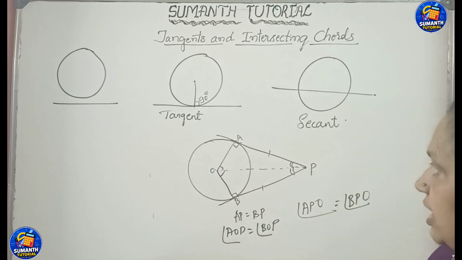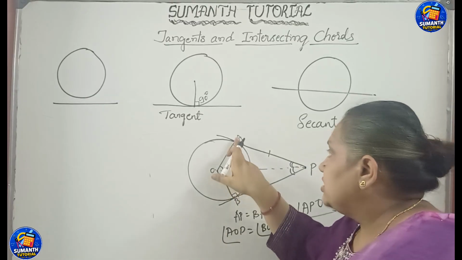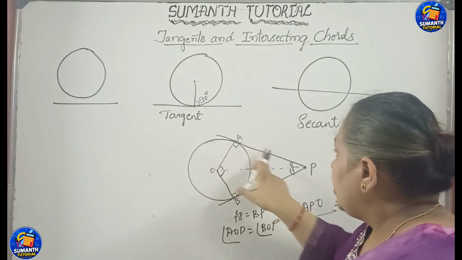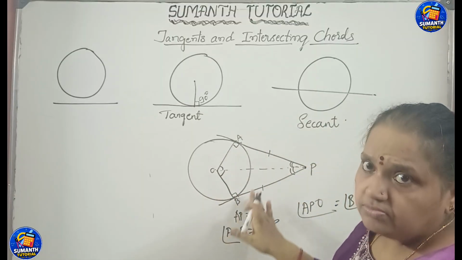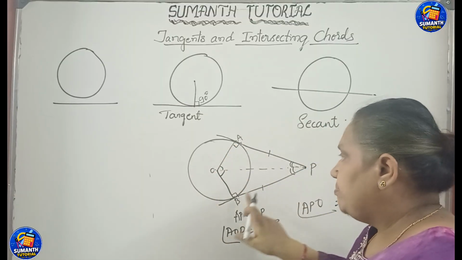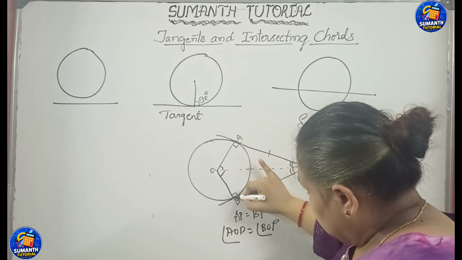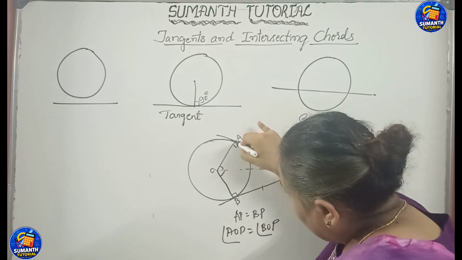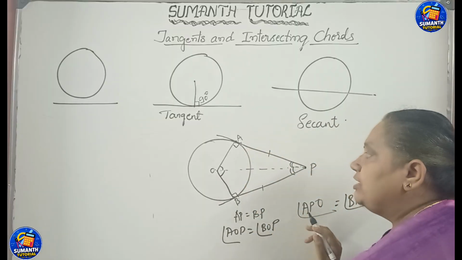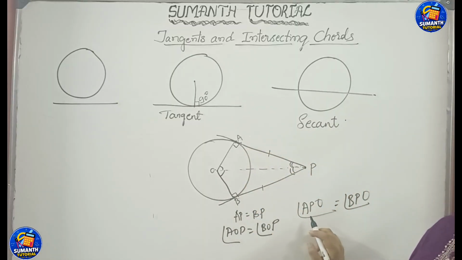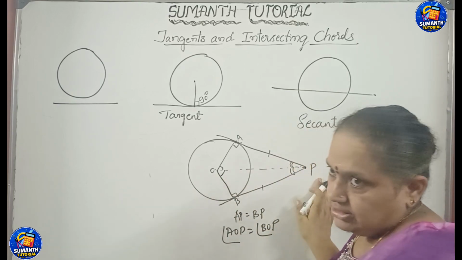Along with this, another thing that you have to remember, as you see this one, OAPB looks like a quadrilateral, no? OAPB is a quadrilateral. Here, the opposite angles, if you add angle A and angle B, both are 90 degree, 90 plus 90 is equal to how much? 180 degree. Then, what about the sum of the remaining two angles?